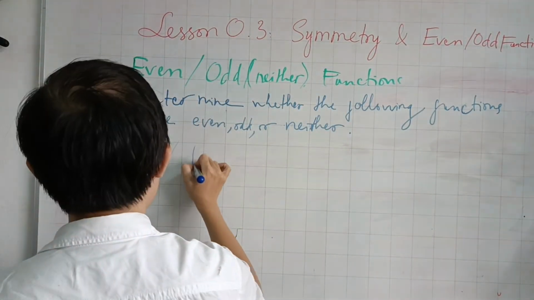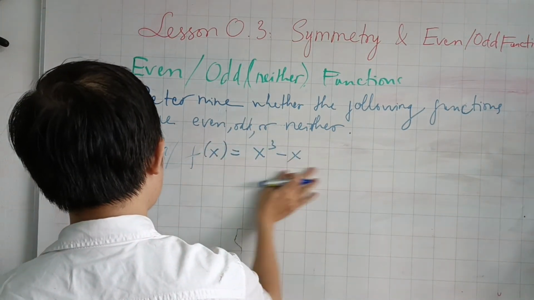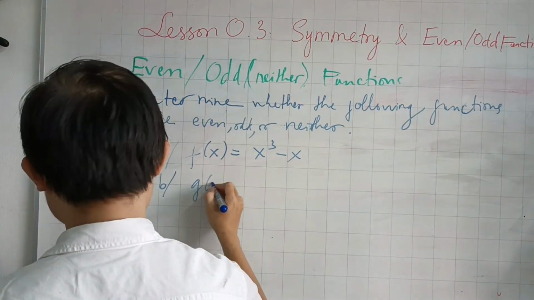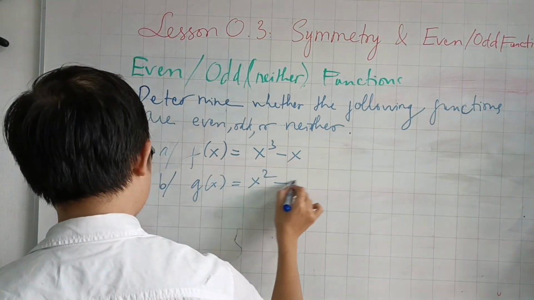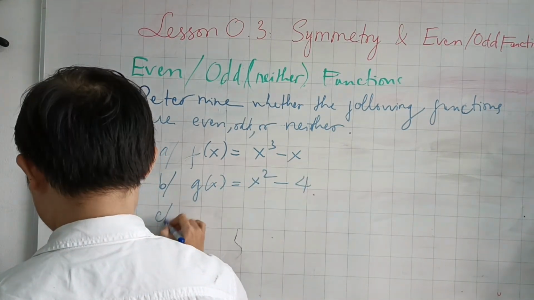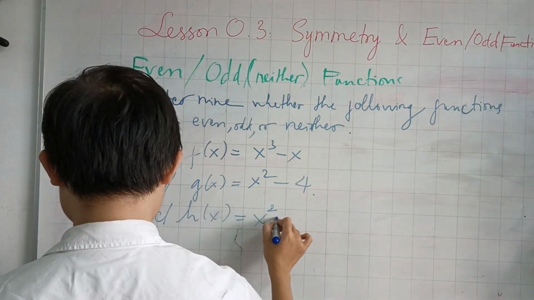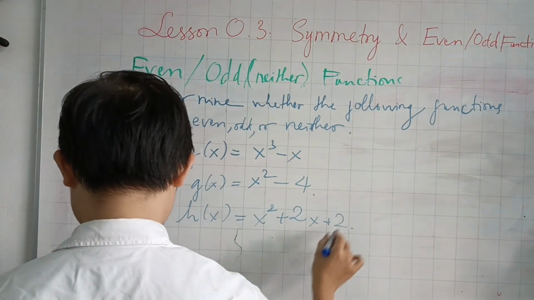A: f(x) equals x cubed minus x. B: g(x) equals x squared minus 4. C: h(x) equals x squared plus 2x plus 2.